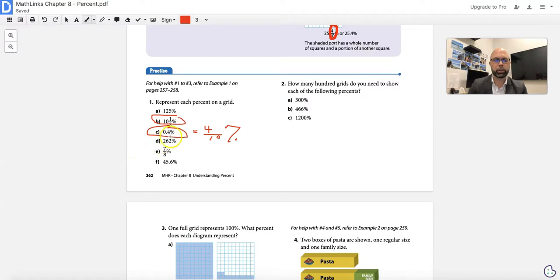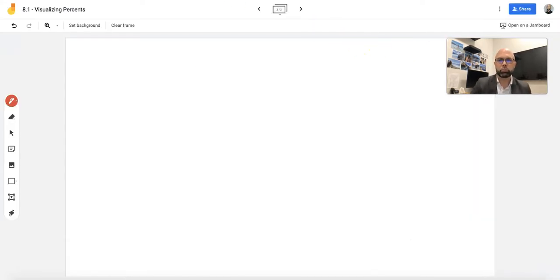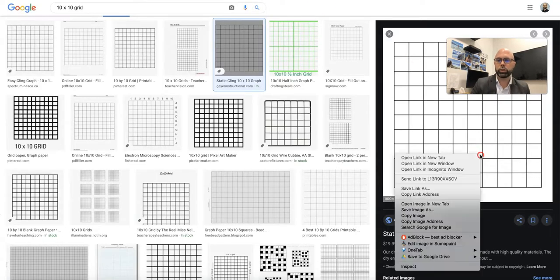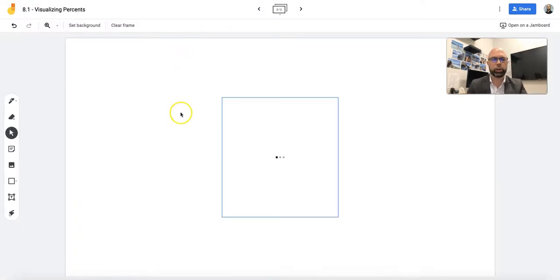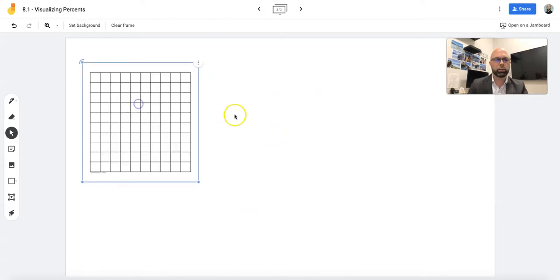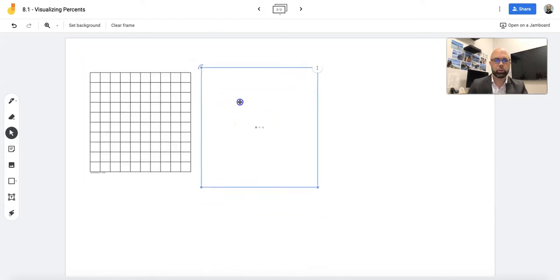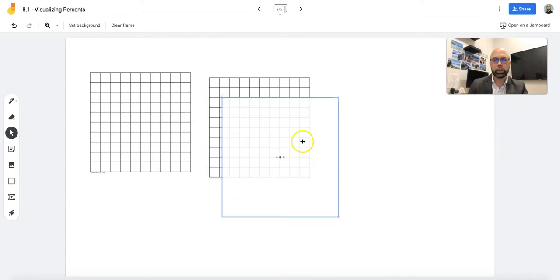How many grids do I need for 262%? I'm going to need 300 grids. And the reason being, even though it's 262, it's not 362, you're still going to need 3, because we're going to use a portion of that third grid. So we've got 1, 2, and 3.